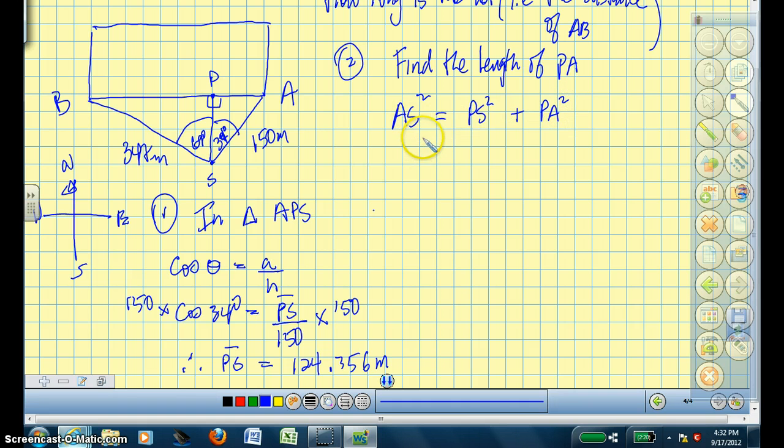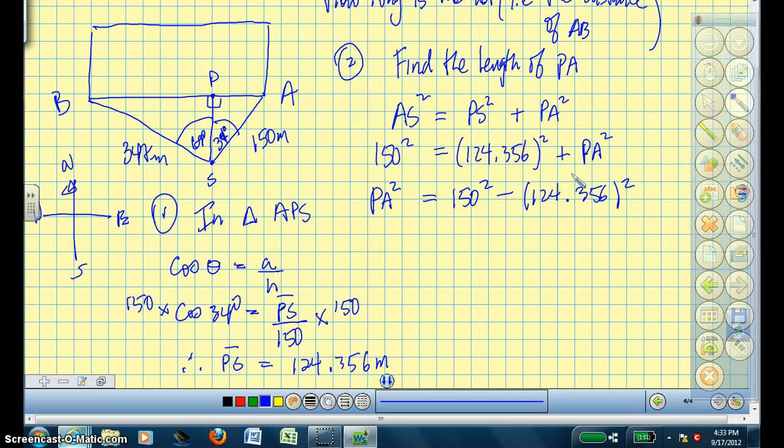Now we can fill in the values: 150 squared is equal to 124.356, which we just found, squared, plus PA squared. Let's rearrange this. PA squared is equal to 150 squared minus 124.356 squared.